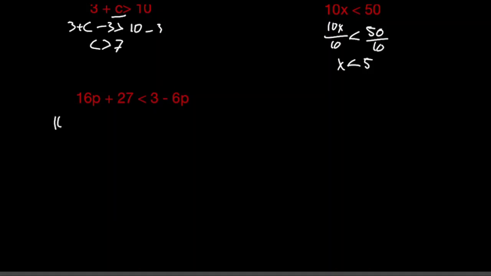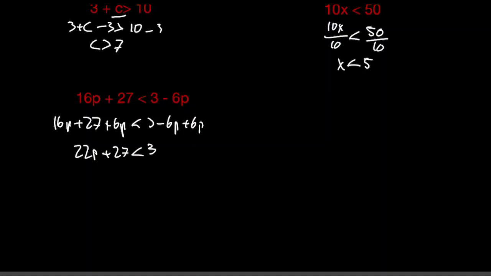We get 16p plus 27 plus 6p is less than 3 minus 6p plus 6p. Simplifying that, we get 22p, that's 16p plus 6p, plus 27 is less than 3, because minus 6p plus 6p is just 0.